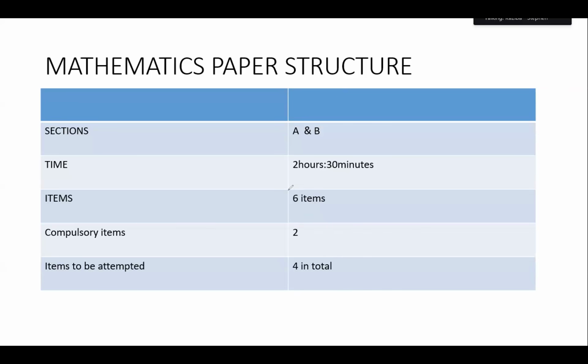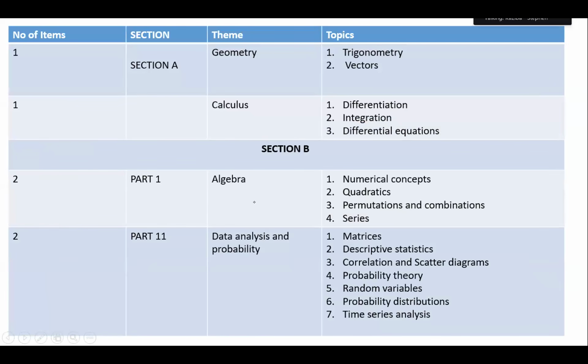And among these 6 items, we shall have 2 items that are going to be compulsory. Now, these 2 compulsory items are going to be coming from 2 sections that you must have mastered very well. And then, in total, you are going to be doing 4 items within the 2 hours and 30 minutes. Now, how is the structure?